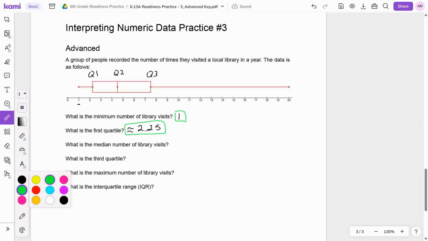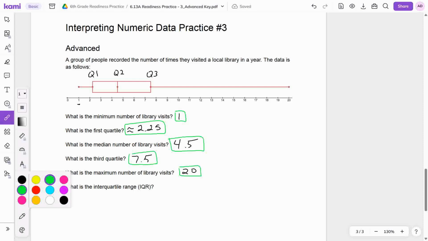The median looks like it's going to be smack dab right in the middle. We'll call that a 4.5 for my quartile 2. The third quartile looks like it's a nice 7.5. And then the maximum, see, that's really kind of skewing our data, is that 20 right up there.